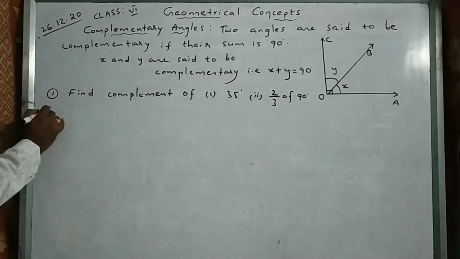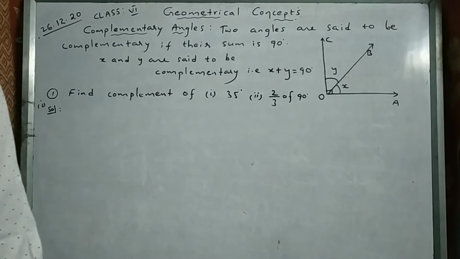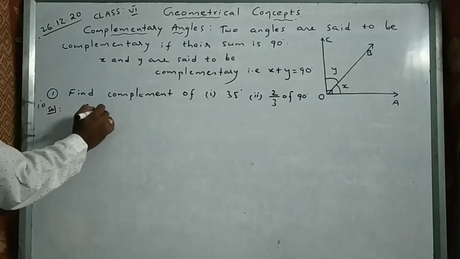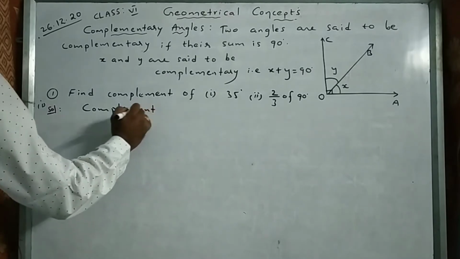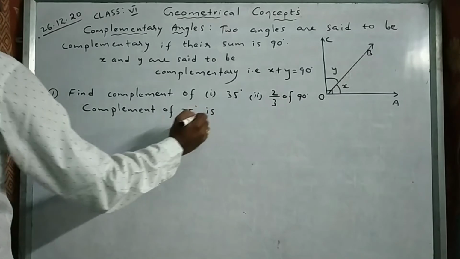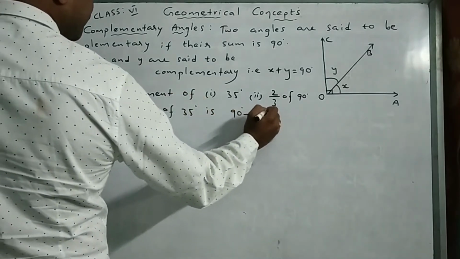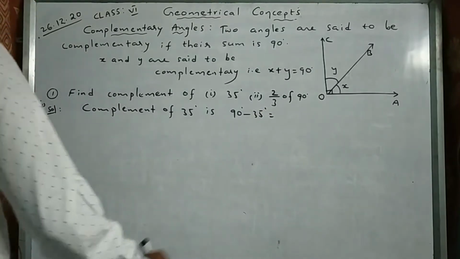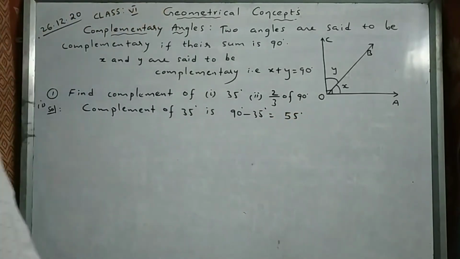First one, solution. The complementary angle of 35 degrees is simple. From 90 you subtract, that's all. If you subtract 35 from 90, we will get 55 degrees.